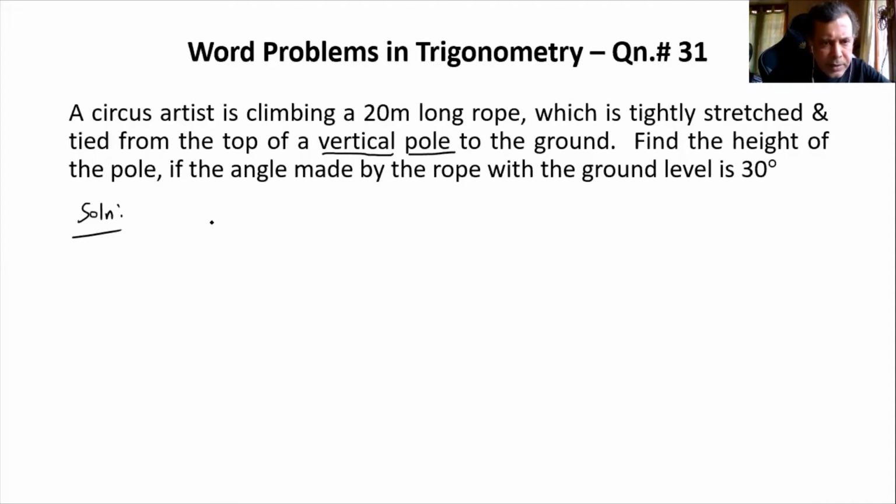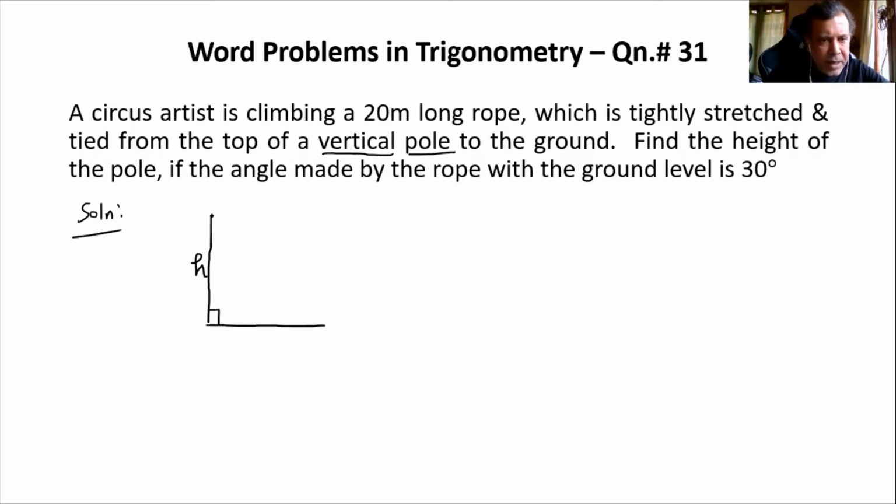So let's draw that. Let's say this is that vertical pole. Since it is vertical, I will say this is 90 degrees. Then it says to find the height of this pole. So let us call that as h, height of that pole. If the angle made by the rope, there is a rope which is tightly stretched and tied from the top of the vertical pole.